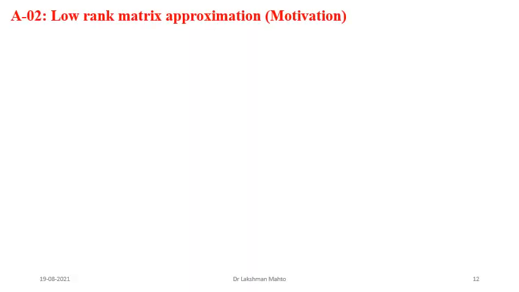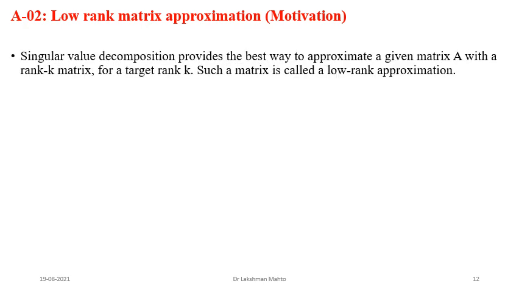So what is the motivation for low rank matrix approximation? Singular value decomposition provides the best way to approximate a given matrix with a rank k matrix for a target rank k. That means we are fixing a target from our side: we need only k singular values, or a matrix having rank k only.